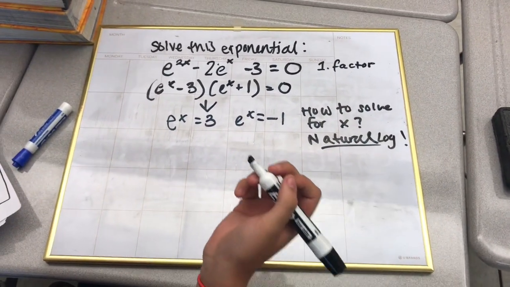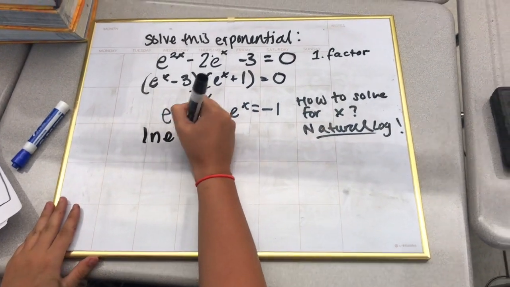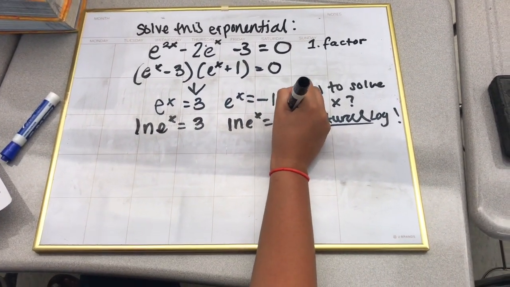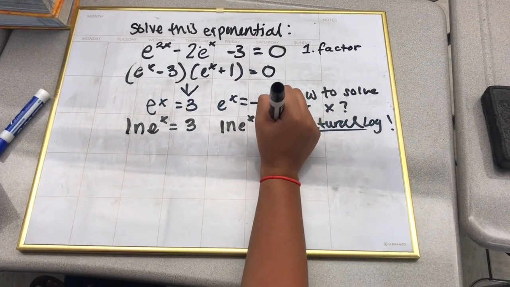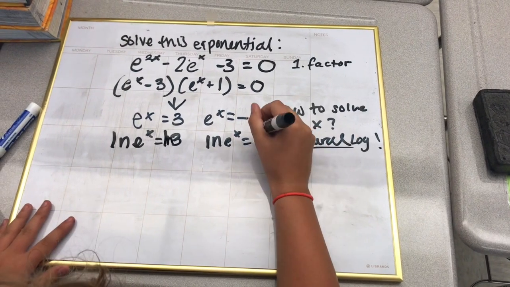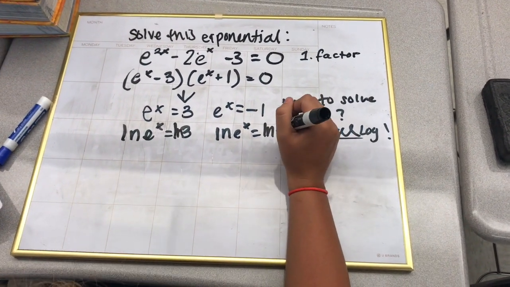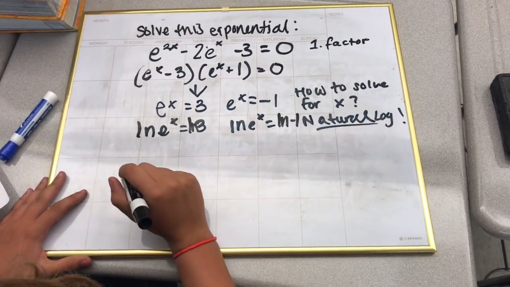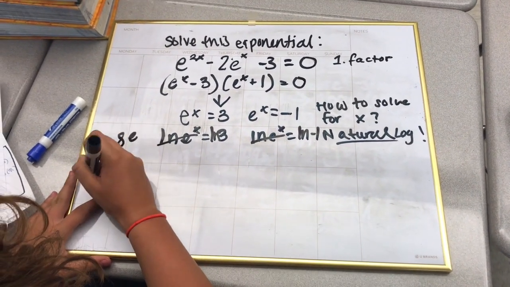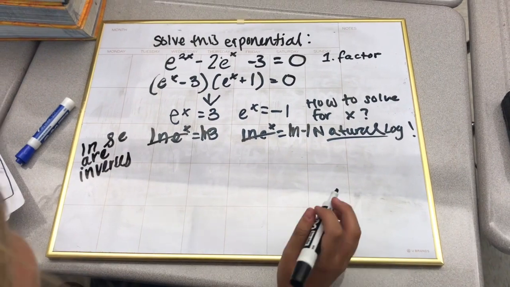If you put ln on both sides of the equal sign, which I will add in after this step, natural log and exponentials are inverses, so those cancel out. Then you're left with x equals ln 3 and x equals ln of negative 1.